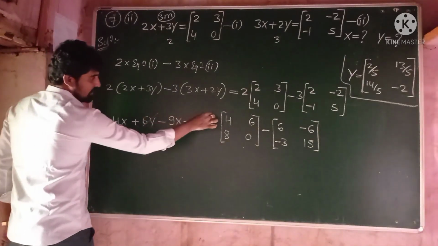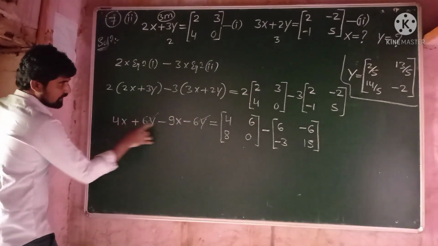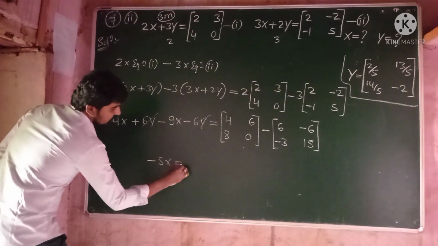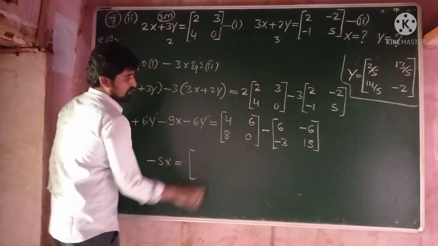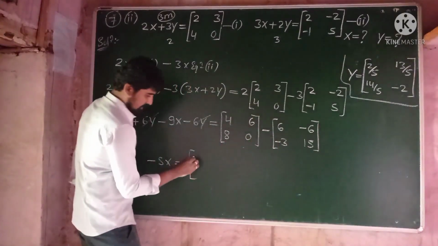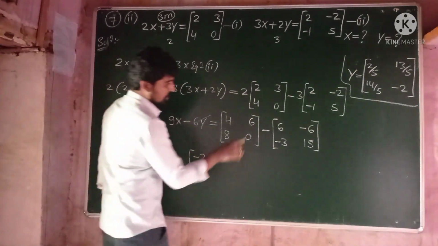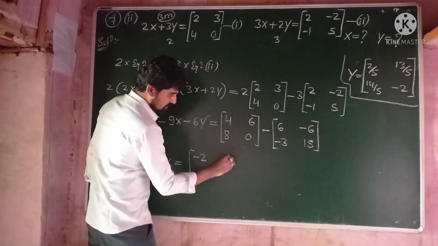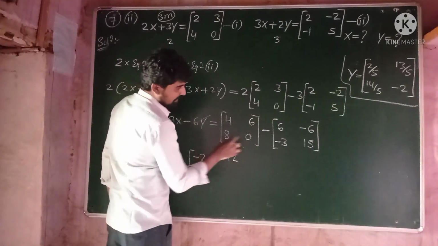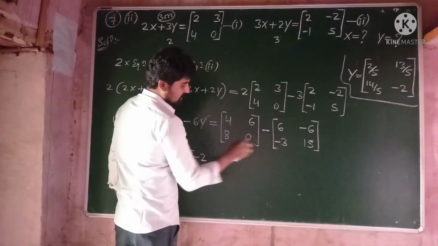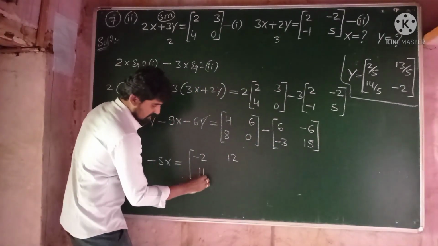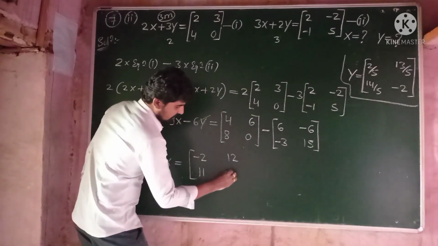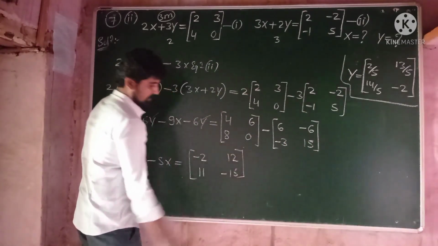6y minus 6y gets cancelled. 4x minus 9x is minus 5x, which is equal to 4 minus 6, minus 2. 6 minus into minus plus, 6 plus 6 is 12. 8 minus into minus plus, so 8 plus 3 is 11. 0 minus 15 is minus 15.